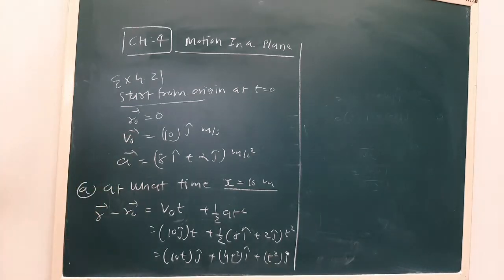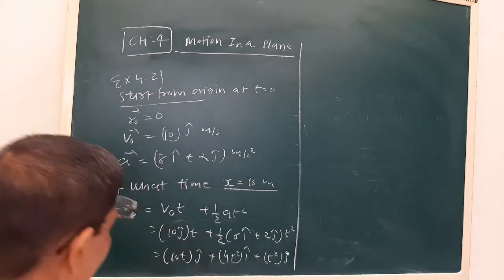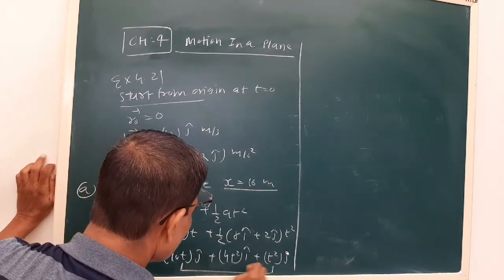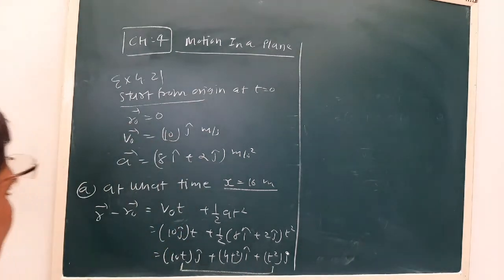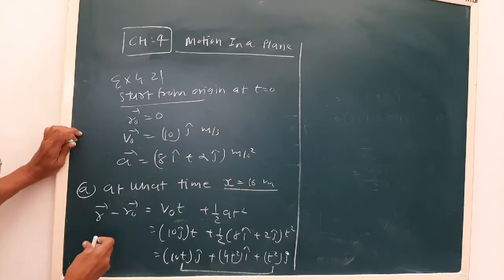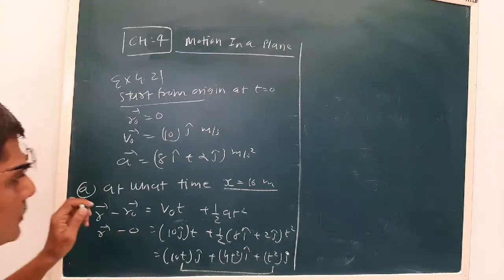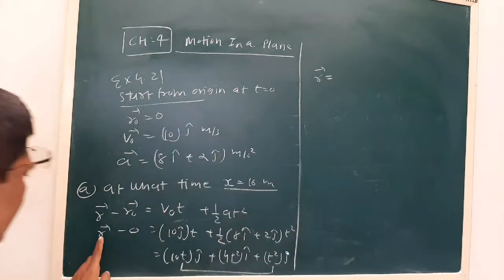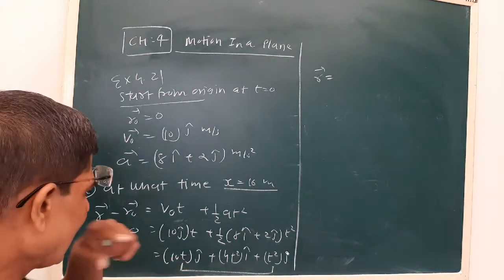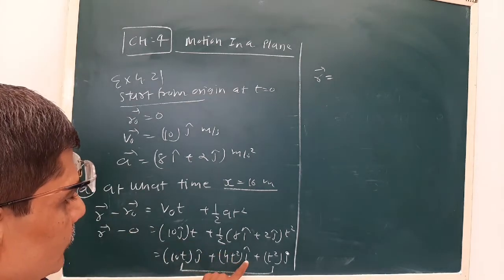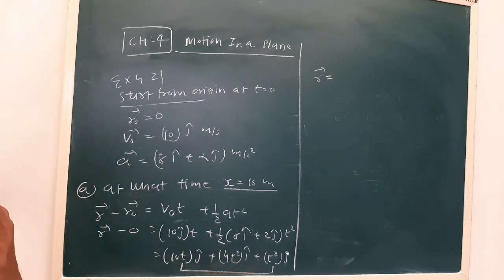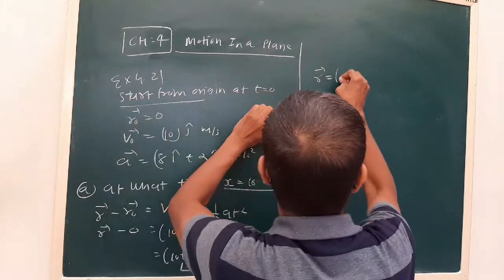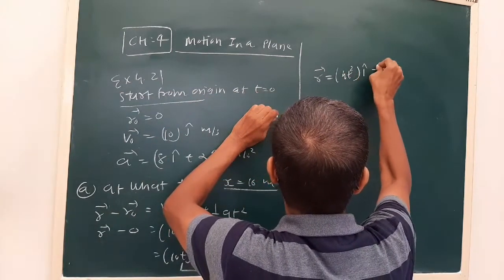Now there are two terms with j caret, and with i caret there is only one term. And r0 is 0, that is given to us, so it will become r. We write the first term with i caret because we have to arrange in the form r is equal to x i caret plus y j caret, that is 4t square i caret.